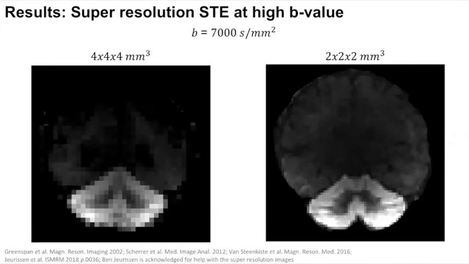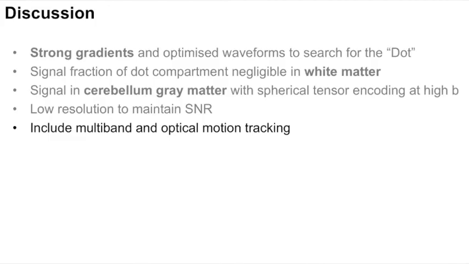I know your group, your institute, does a lot of work on high resolution imaging, so it would be very interesting to look at this cerebellum, which has so much structure and foldings, and maybe combine it with this technique where we can be more specific to certain layers. Next steps, we would like to include multiband and optical motion tracking.